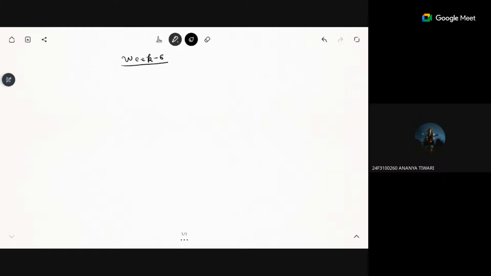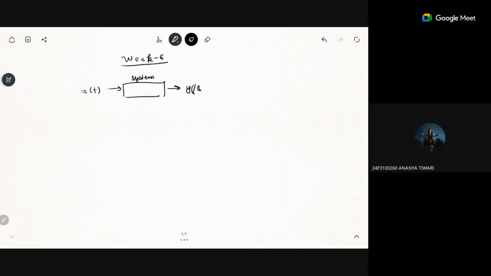Before we start with some more concepts, let's take one question based on the session that we had yesterday. The question is: your input x(t) goes to the system and you get y(t) as output.